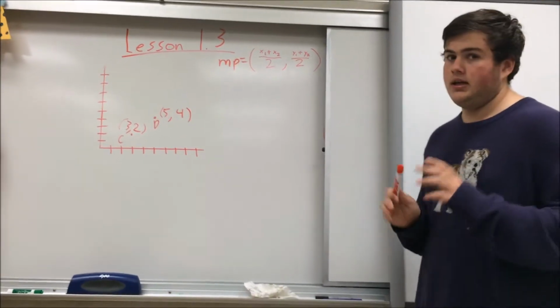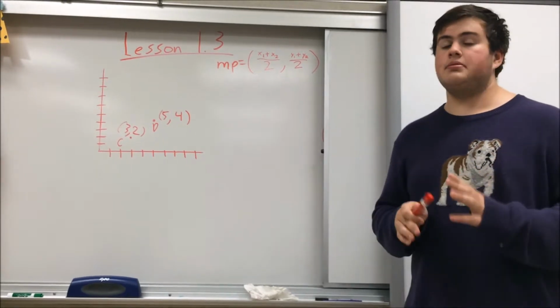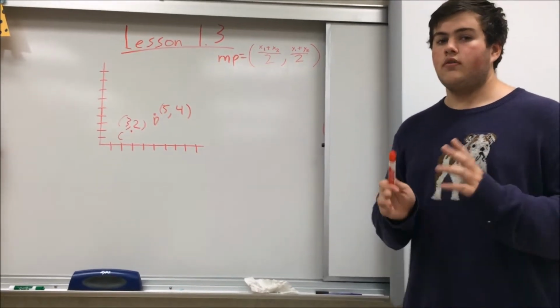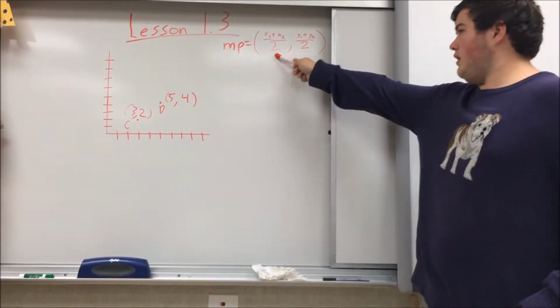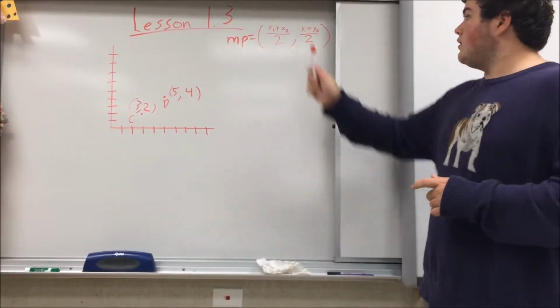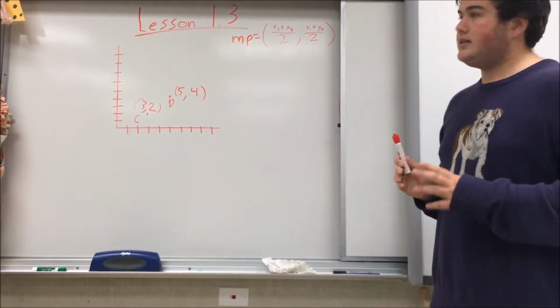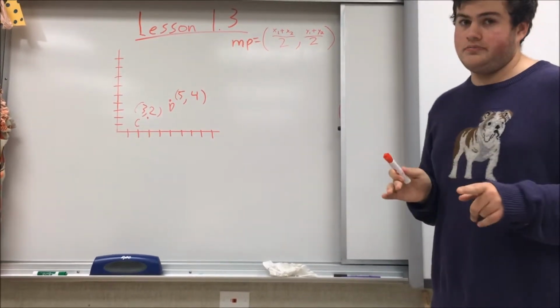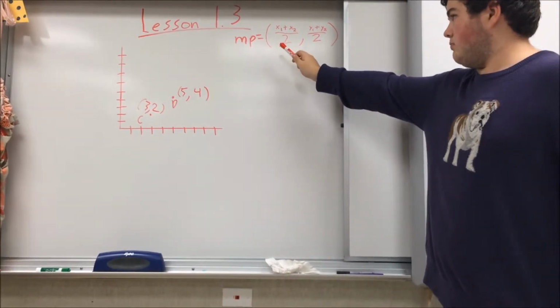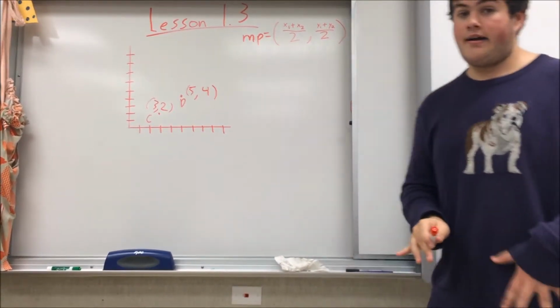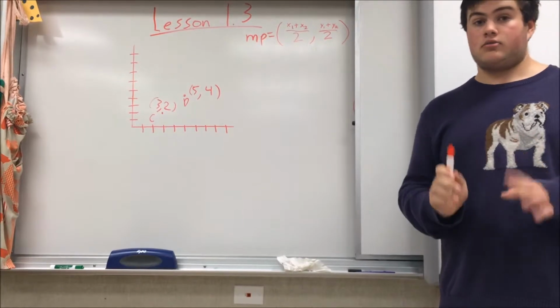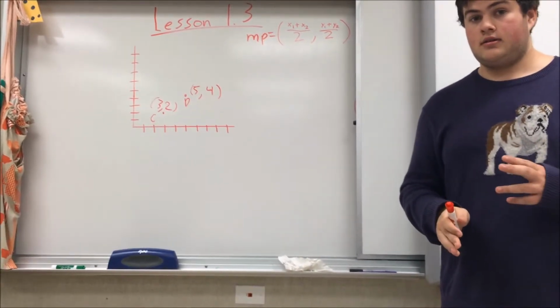The midpoint formula is (x1 plus x2) over 2, comma, so this is your x for your point, (y1 plus y2) over 2. And so you'll get your point, your x, and your y. Now, let's do the same thing. Try to find your answer.